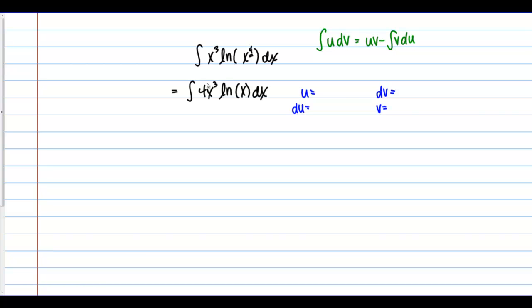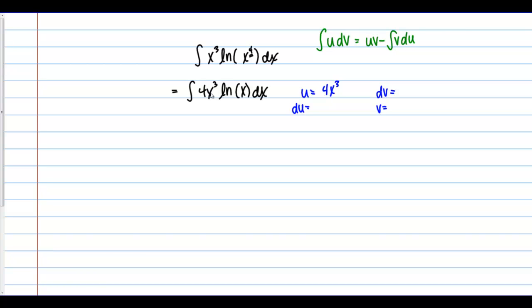We've said in past examples that it often works out well to let u equal any powers of x that you might have. So letting u equal 4x cubed would be helpful in a lot of examples, but it might not be the best choice in this example.